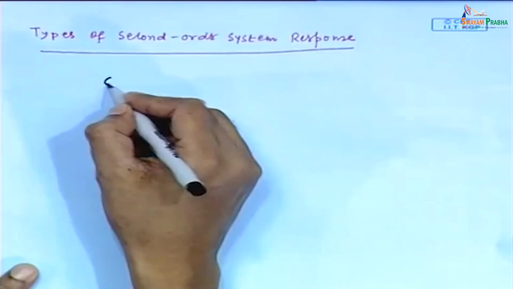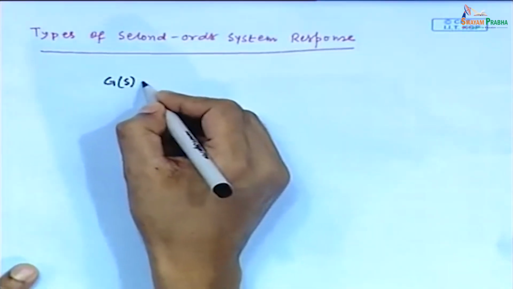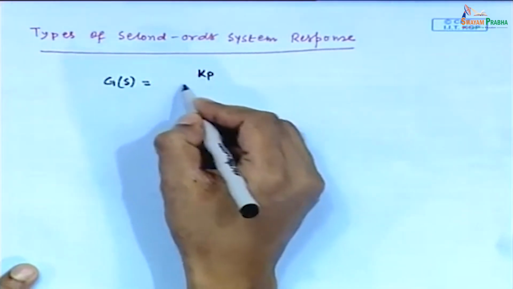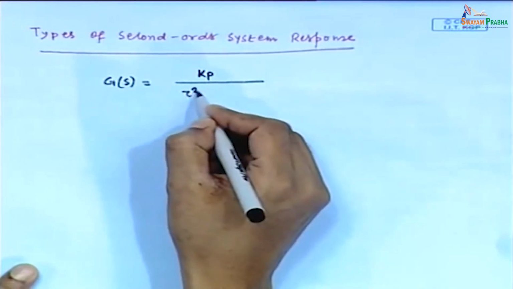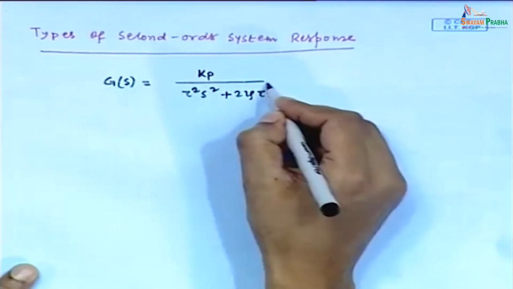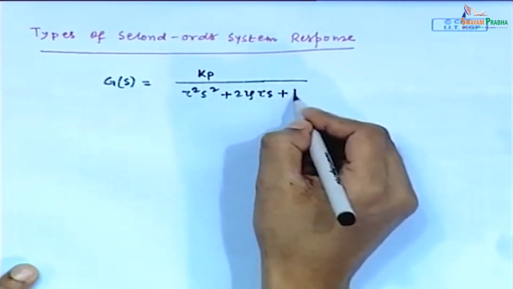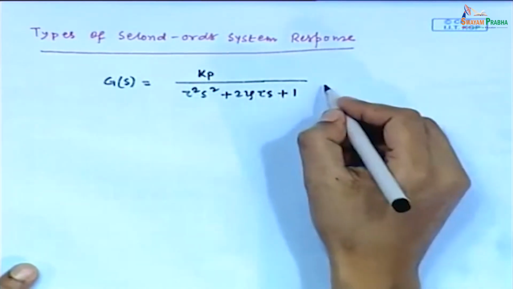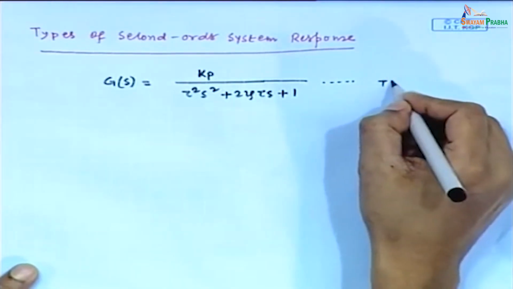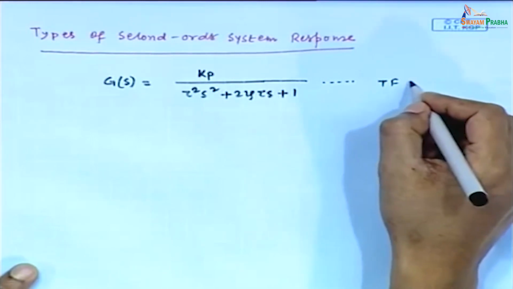Previously, we have obtained the transfer function for the second order system in general form, that is G(s) equals K_p divided by tau squared s squared plus 2 zeta tau s plus 1. This transfer function we derived earlier for the second order system.